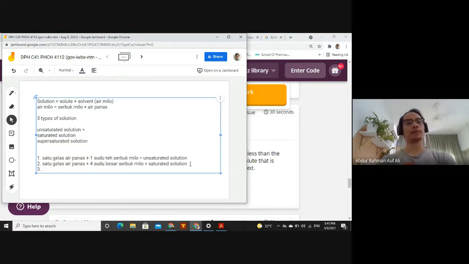Apakah maksud supersaturated solution? Okay, so bayangkan saya ada 1 gelas air Milo yang mana ada serbuk Milo tak larut ke atas je.